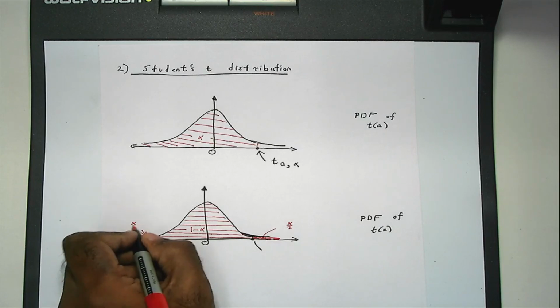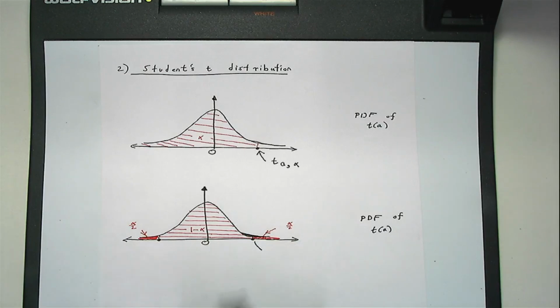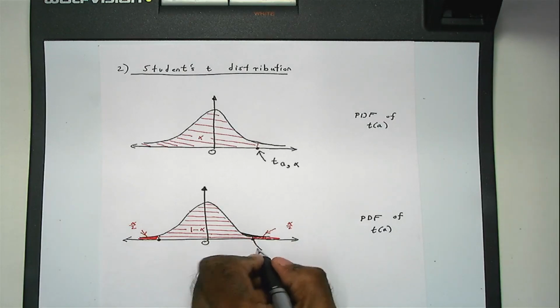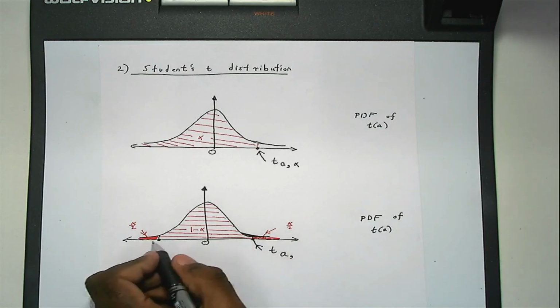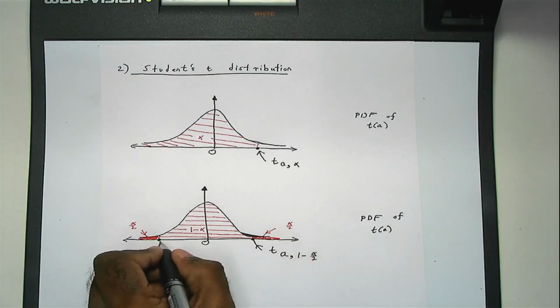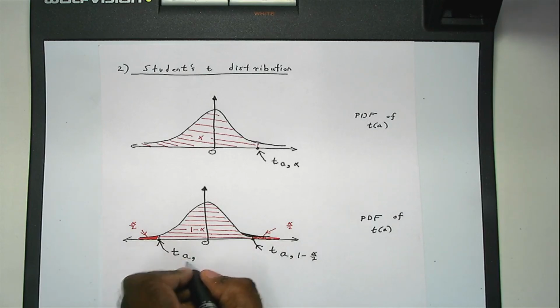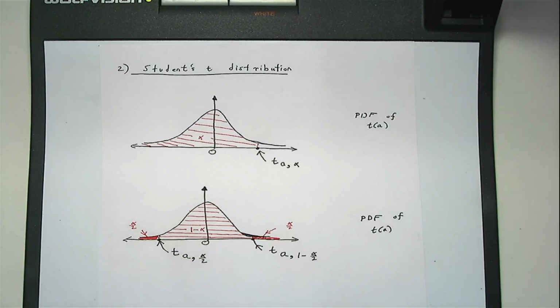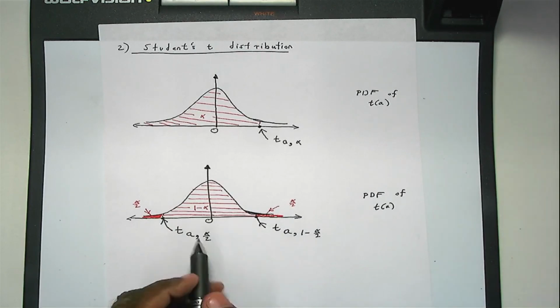Okay, so this point here will be the percentile of a t distribution with a degree of freedom, and the area to the left of this point is 1 minus alpha by 2. And this point here will be t with a degree of freedom, and the area to the left of this is alpha by 2. And because of mirror symmetry, because of the fact that the t has a symmetric PDF, right?